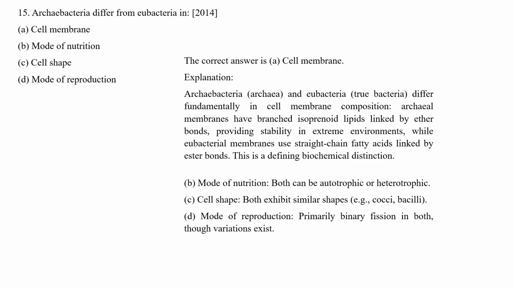So the only difference between archaebacteria and eubacteria is in their plasma membrane. Archaebacteria have branched isoprenoid lipids with ether bonds, and eubacteria have straight chain fatty acids linked by ester bonds. Very important information you have to remember.